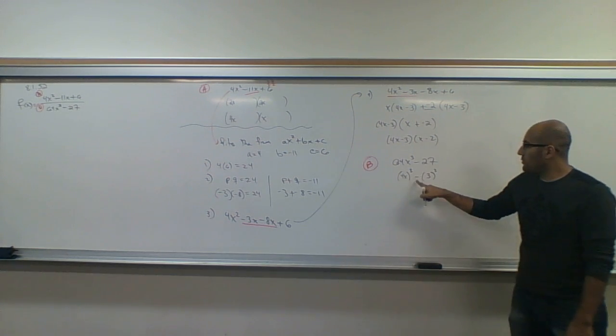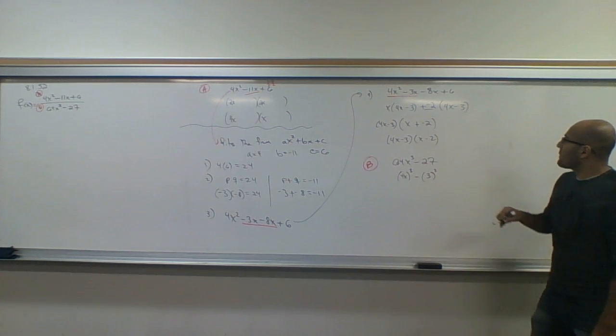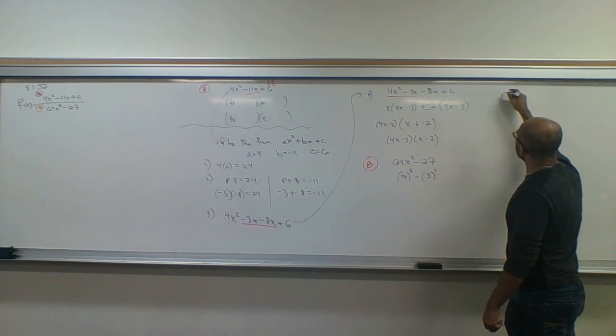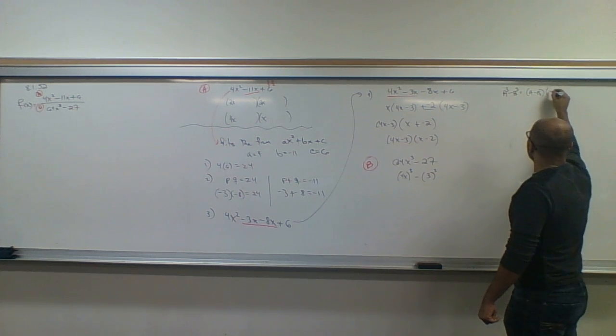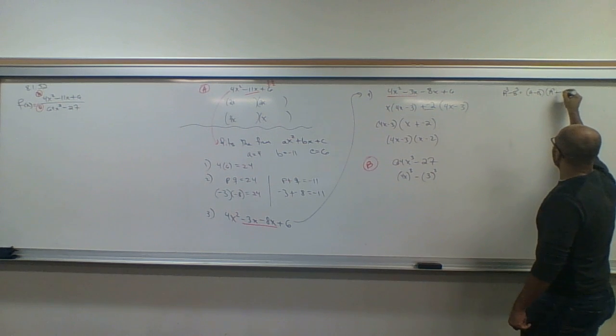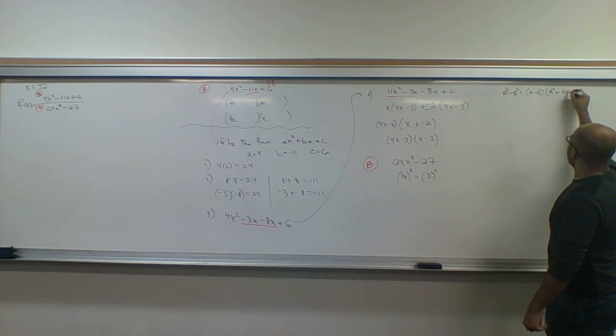Something cubed minus something cubed. And if we remember, our pattern was this: a cubed minus b cubed is equal to a minus b times a squared plus ab plus b squared.